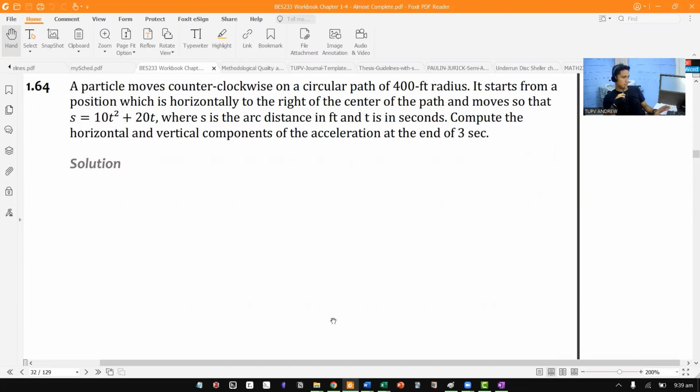A particle moves counterclockwise on a circular path of 400 feet radius. It starts from a position which is horizontal to the right of the center of the path and moves so that S equals 10 t squared plus 20t, where S is the arc distance in feet and t is in seconds. Compute the horizontal and vertical components of the acceleration at the end of 3 seconds.